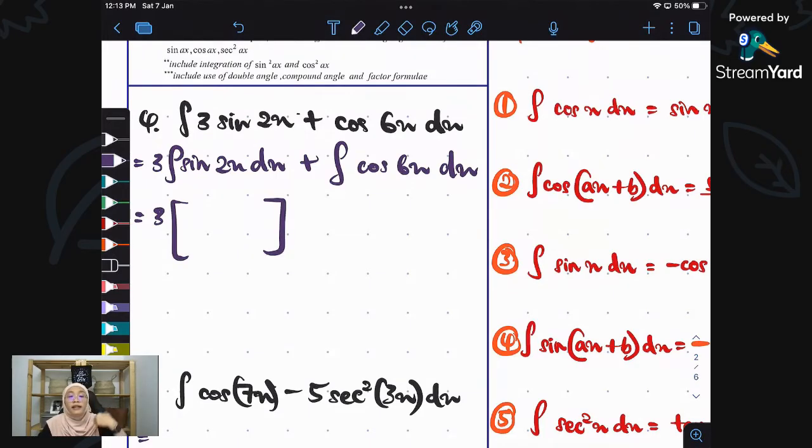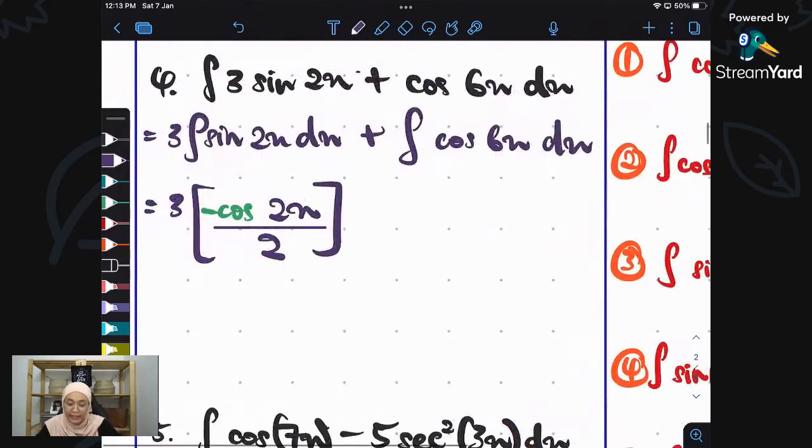Macam mana nak integrate sine? So integrate sine adalah negative cos. So I write down negative cos 2x over 2. Ta-da! That's it. That is how you do it when you hafal. So I think hafal senang jugalah. You terus ingat kan? Plus with integration of cos 6x.